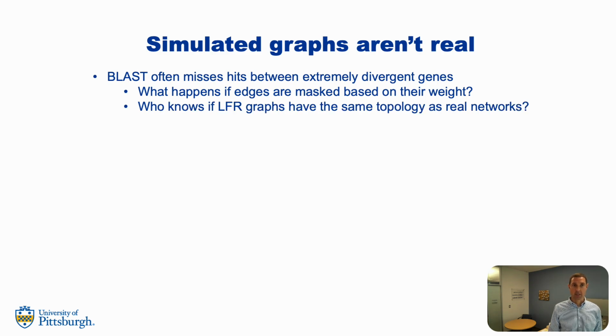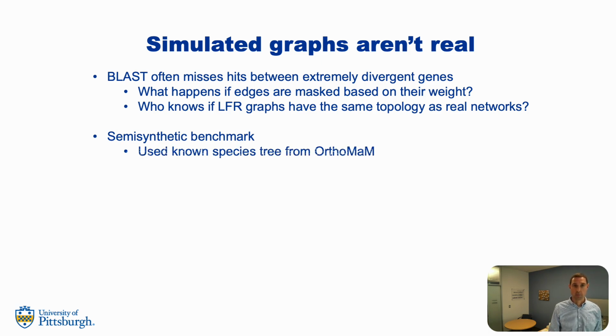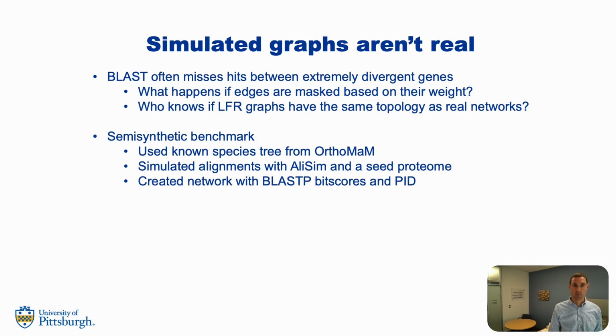Another issue with simulated graphs is that we don't know whether these LFR graphs that are very popular have the same topology as real networks. And so to construct something more like reality, we turned to a semi-synthetic benchmark. Here we used a known species tree from the OrthoMam database, and we simulated alignments from each of the genes in a seed proteome using the program ISMB.